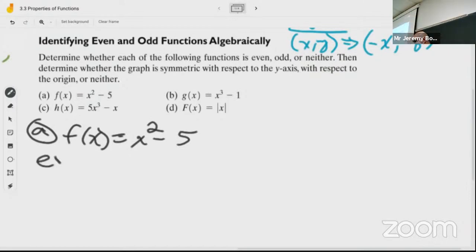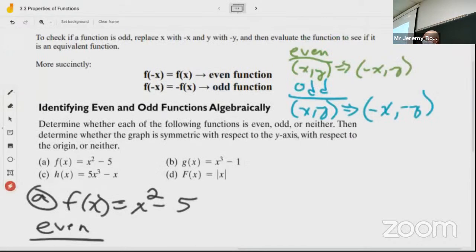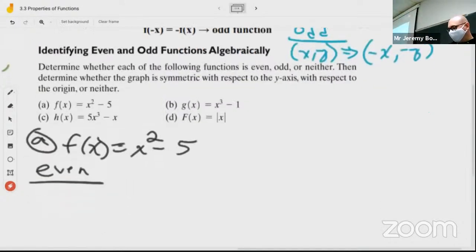So let's do the even check first. I like to do the even check first because if you look at what you're doing, for even, you just have to find f of negative x, right? And so if we find that it's even, then we're good. But if it's not even, then we already have that one part for the odd. We just got to find that part.